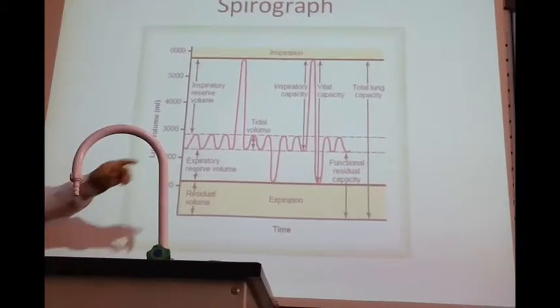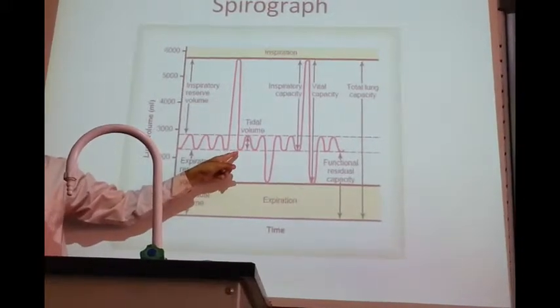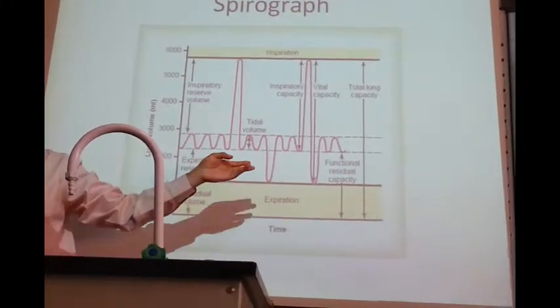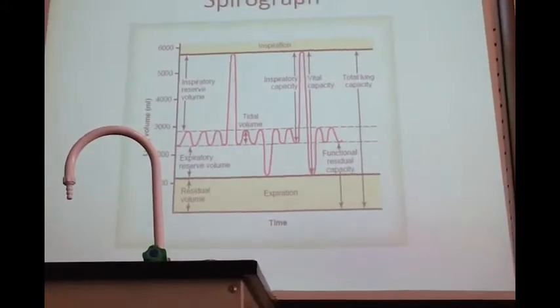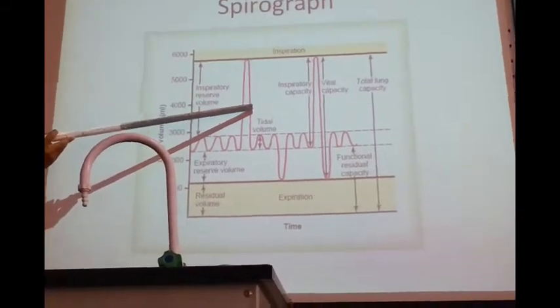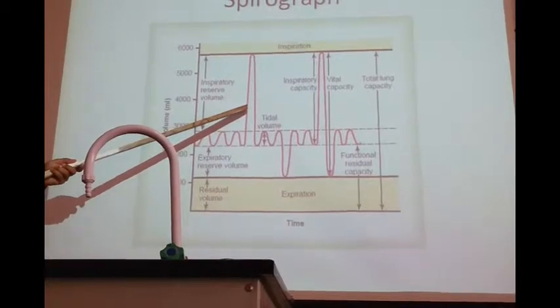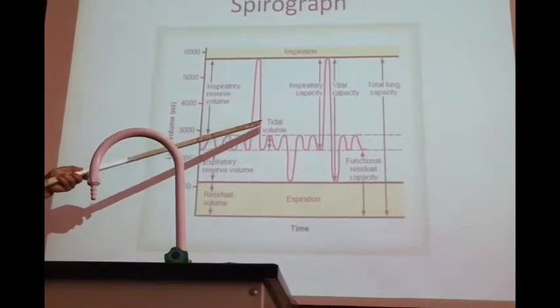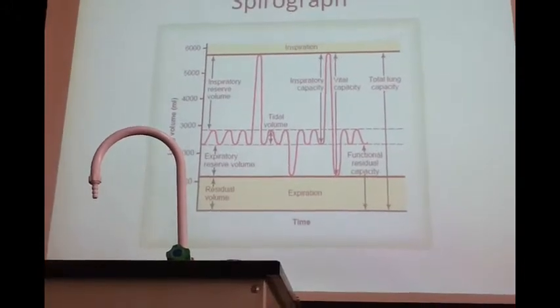After normal expiration, over and above what you can expire, that is the expiratory reserve volume. It goes back below normal, because the reserve inspiration you have taken in is matched by this reserve coming out, taken over and above the norm.